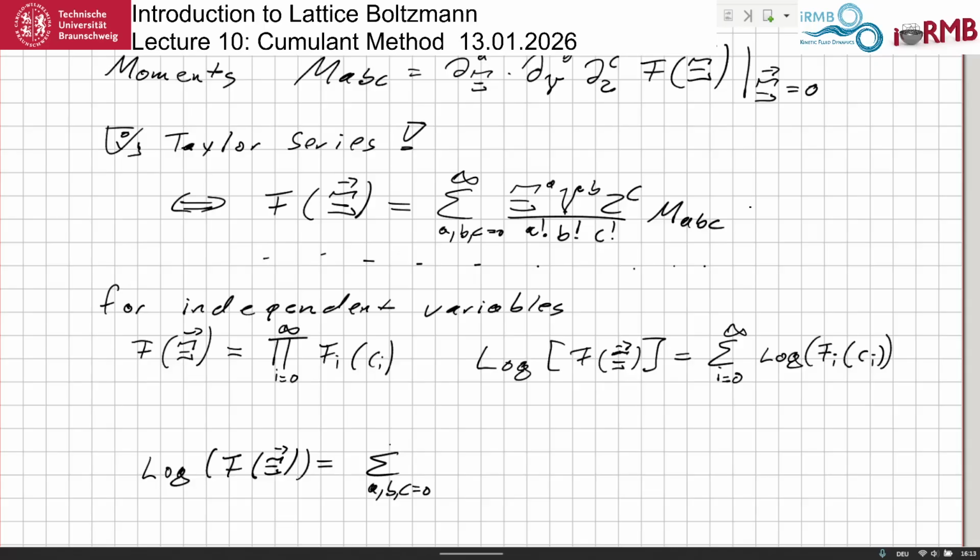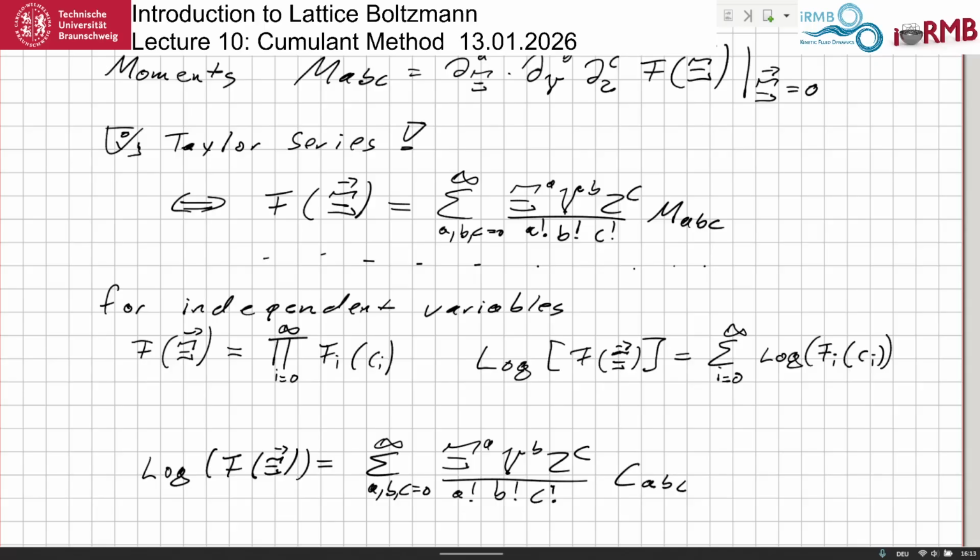So we sum over a, b, c to infinity, and there is xi to the a, epsilon to the b, and theta to the c, times c_abc. Suppose there are variables c_abc. So large C, small c. There are not enough letters.